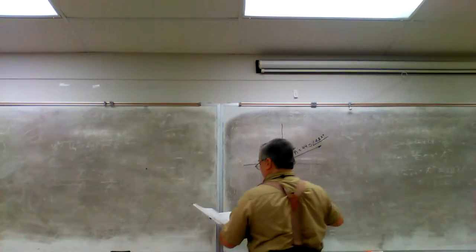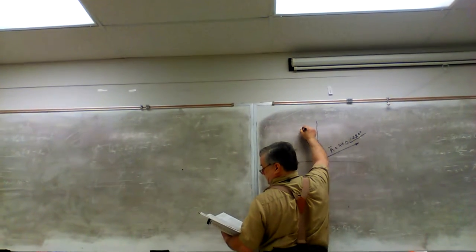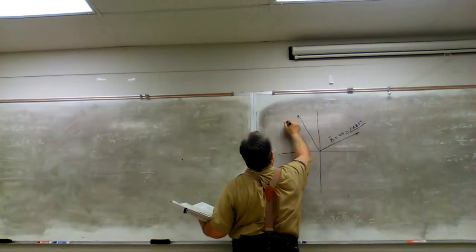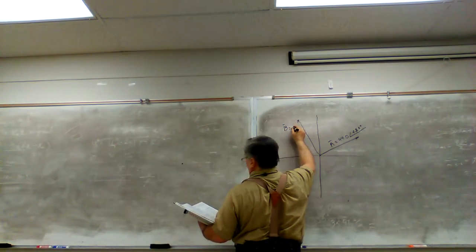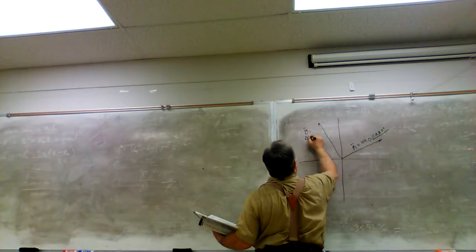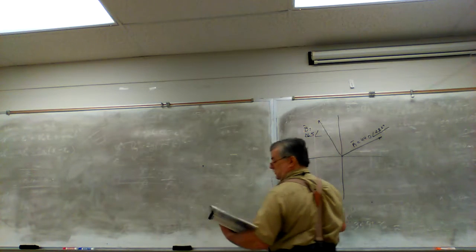We have B, 26.5 somethings at an angle of, what angle would that be at?